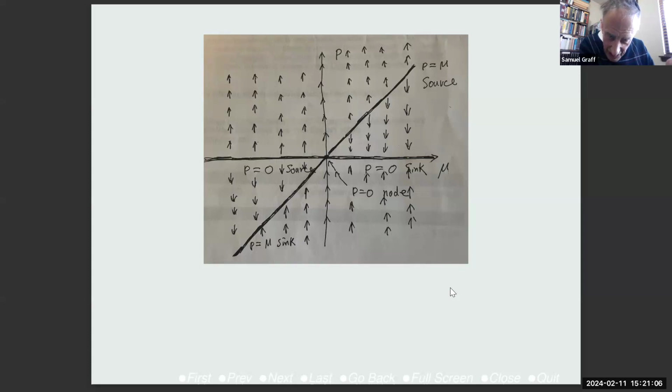But when mu becomes negative, although the source and the sink keep their relative positions, P equals 0 goes from being a sink to a source, and P equals mu goes from being a source to a sink. And the students find that somewhat amazing.